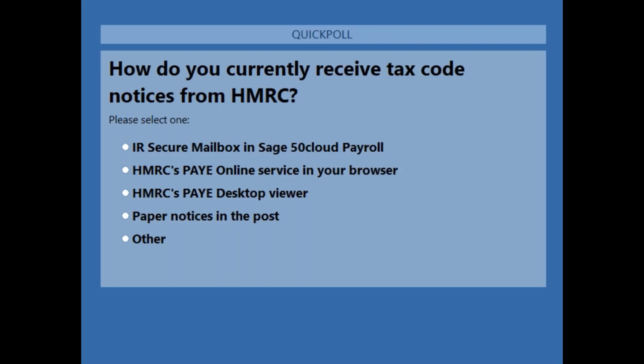If none of that applies to you, you can always choose other. I'd be interested to know how you get the notifications if it's not one of those methods. But once we've had most of the votes in, I will just share those overall results with you. And we will then move on and take a look at setting this up.